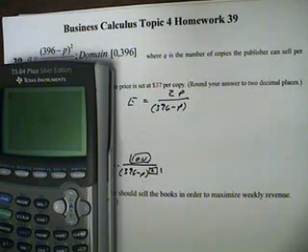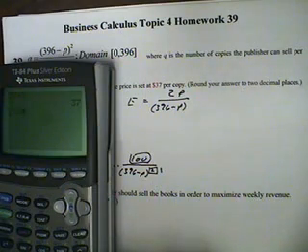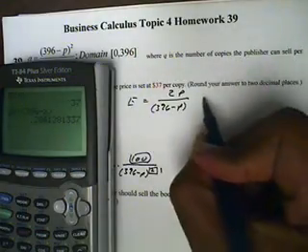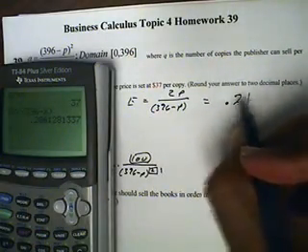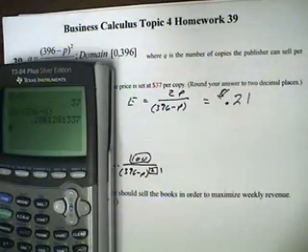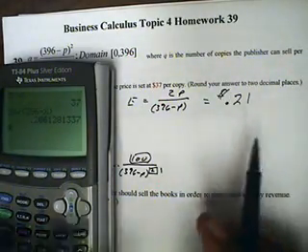Okay, and 37, store that into X, and then we'll have 2X divided by the quantity 396 minus X. The X is representing P. And what we get is 0.21. Okay, that's the price elasticity.